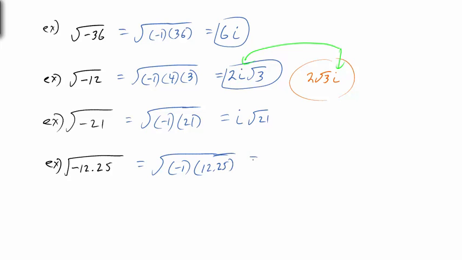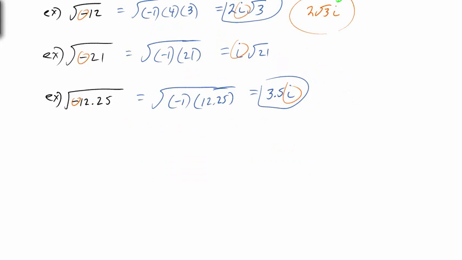You could certainly take the square root of 12.25, put that into the calculator, and you would end up with 3.5. And of course, the square root of a negative 1 again is simply i. So hopefully you can see that anytime you have a negative under the square root, your answer is going to turn out with basically just an i when you take the square root of the negative.